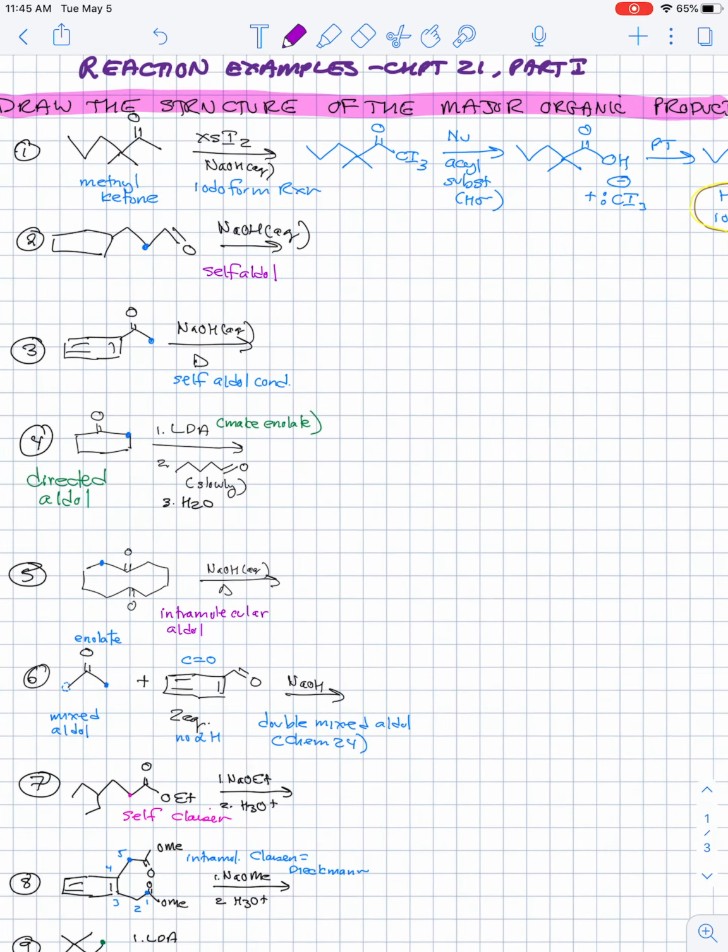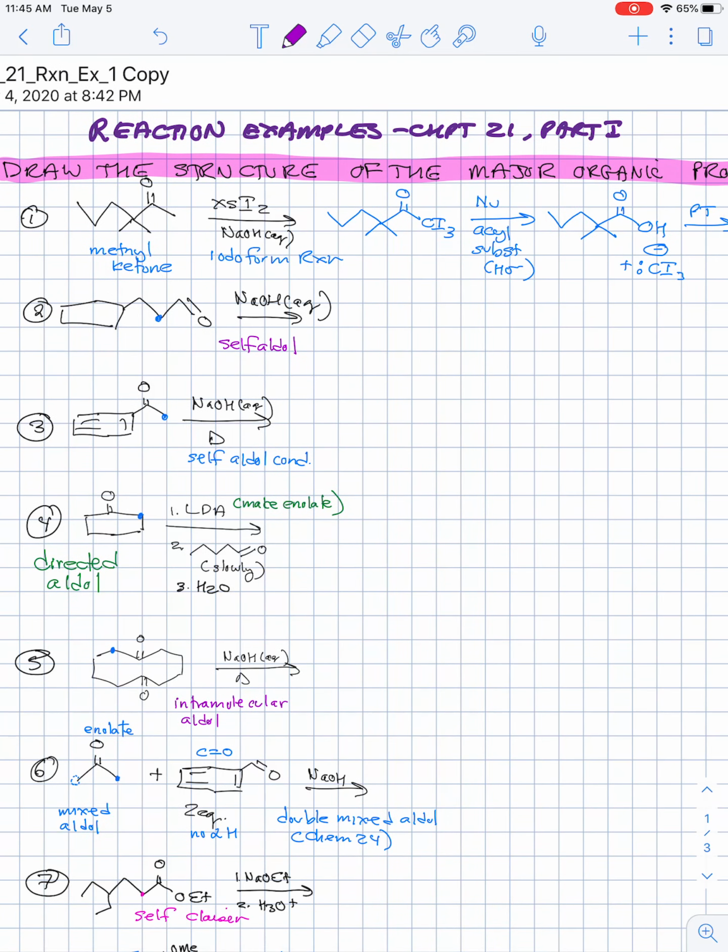So this second one is an aldol condensation. We have an aldehyde. And what happens in these self-condensations is that this compound acts as the enolate and as the carbonyl with which it reacts.